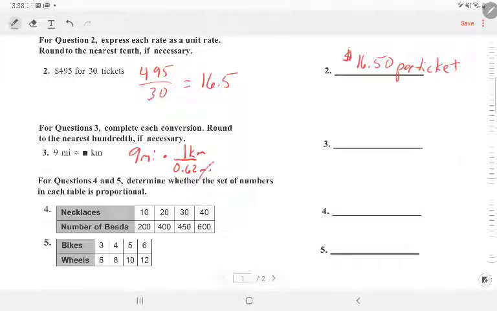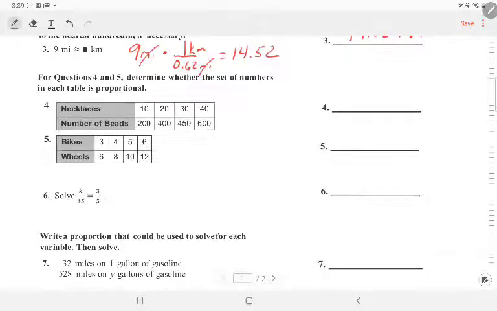Okay, so miles can cross out, and that would give us 9 divided by 0.62 is approximately 14.52, round to the nearest hundredth. So it would be 14.52 kilometers.